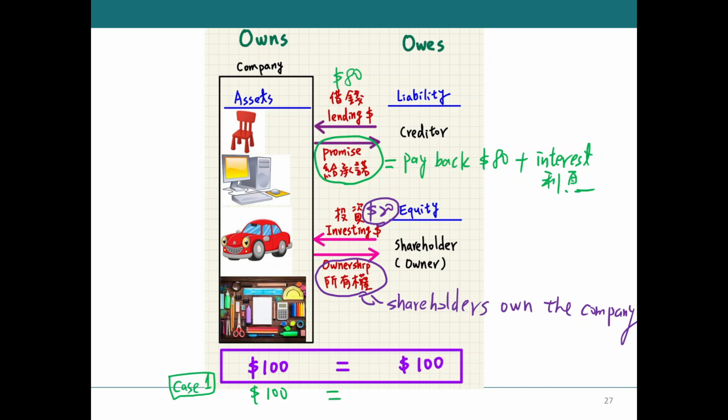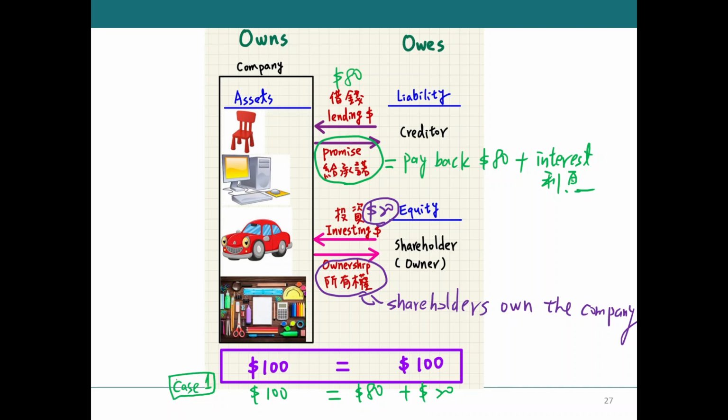Based on this case, you know $80 from creditors. So this is your liability. $20 you got from shareholders. Okay? What if another case?